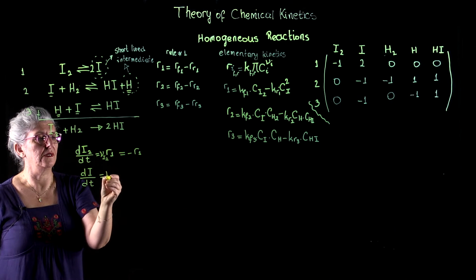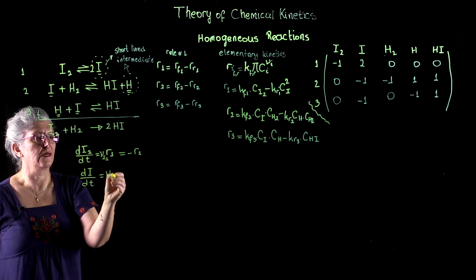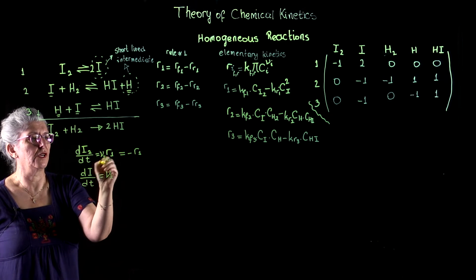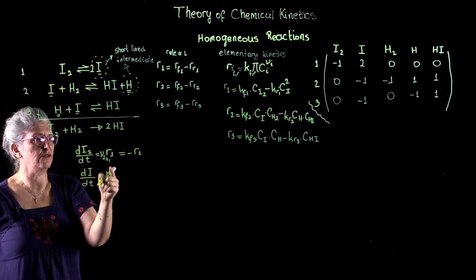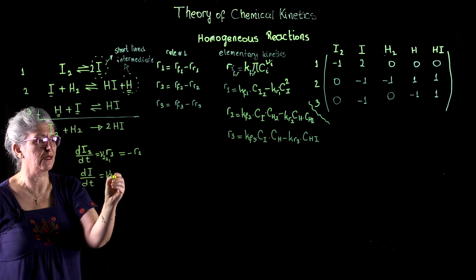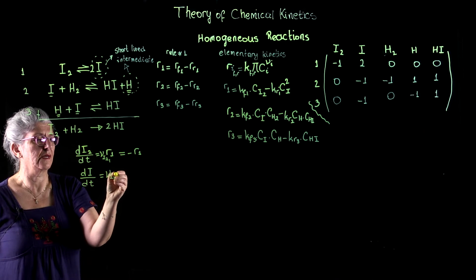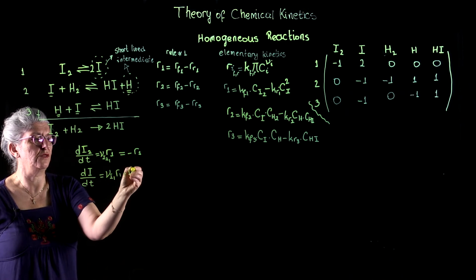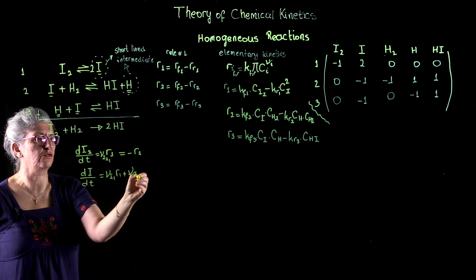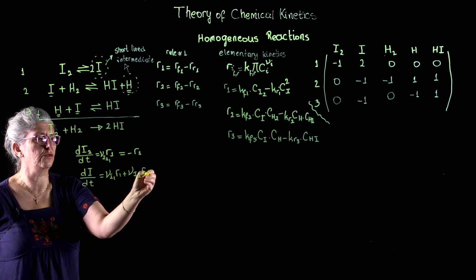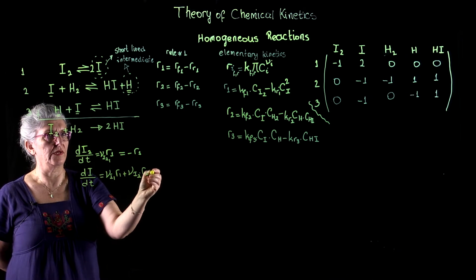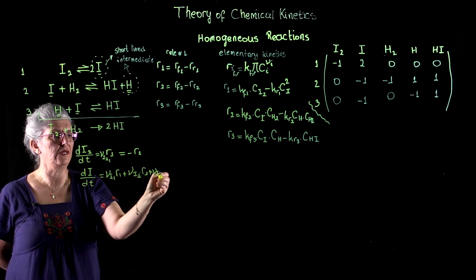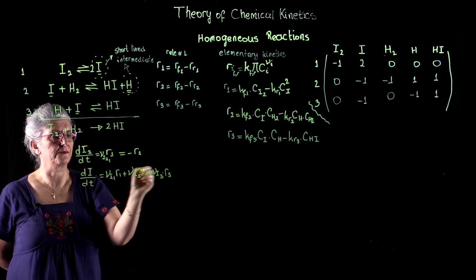This is nu I2 in reaction 1. So dI over dt is nu I in reaction 1 times R1 plus nu I in reaction 2 times R2 plus nu I in reaction 3 times R3.